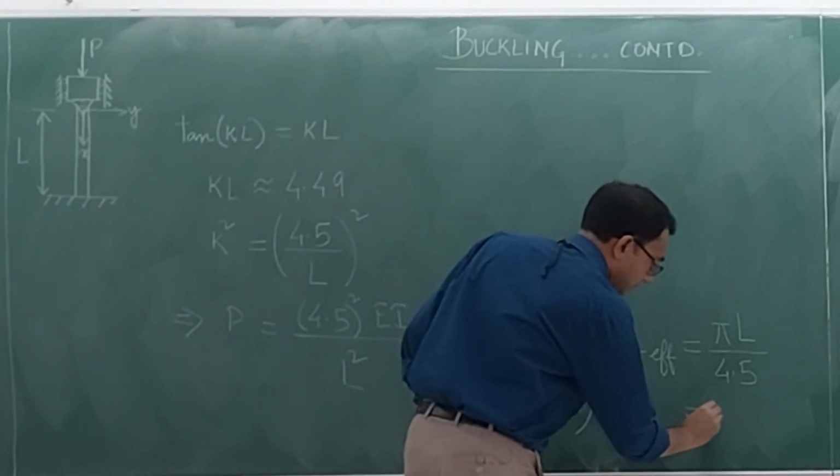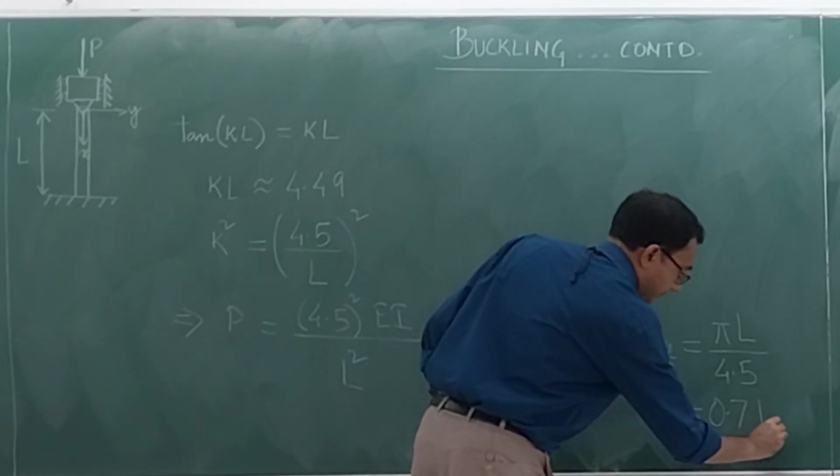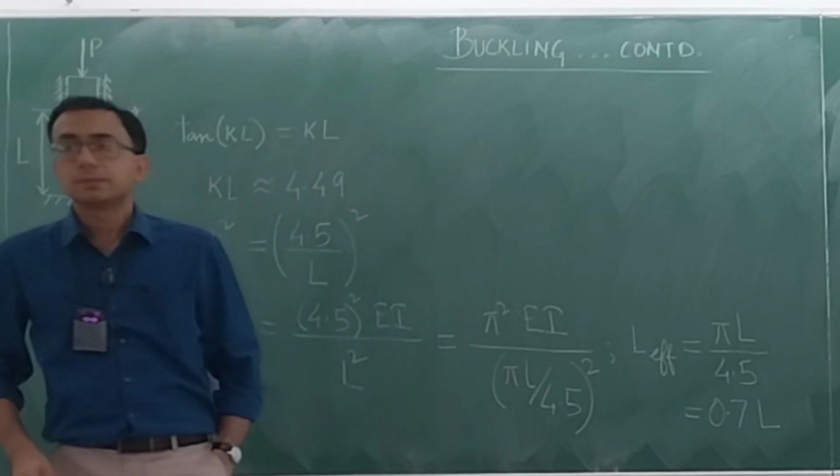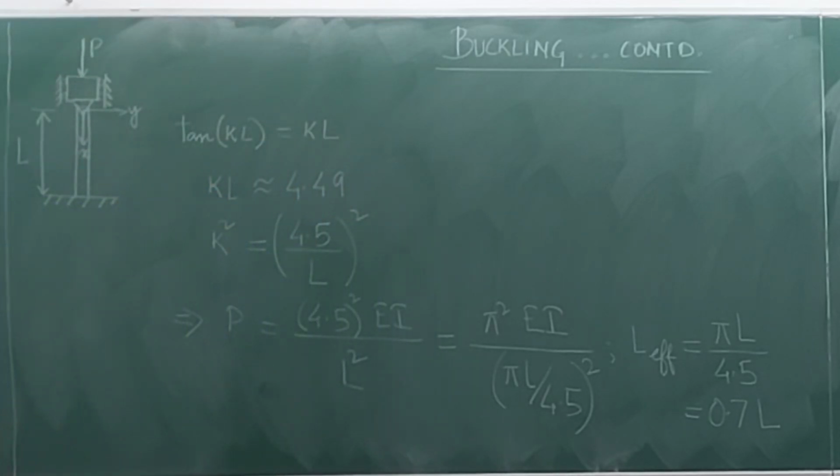Okay, 0.7L. That's all that we are interested in. So the effective length for this case, where you have one end fixed and the other end pinned, is 0.7 L. Please try to remember these effective lengths, at least for these very typical cases.